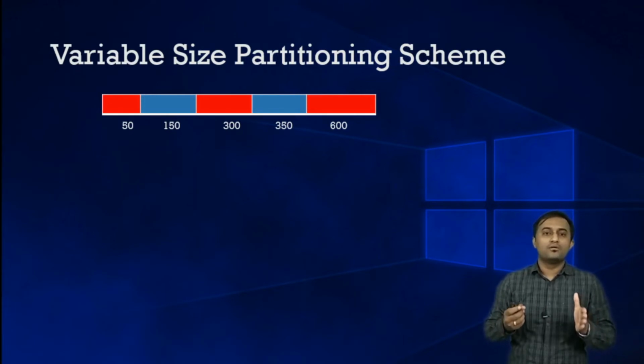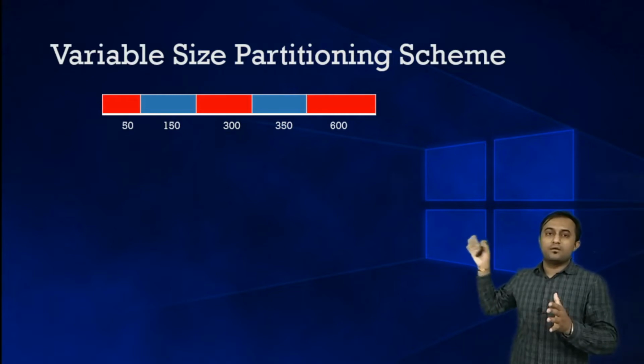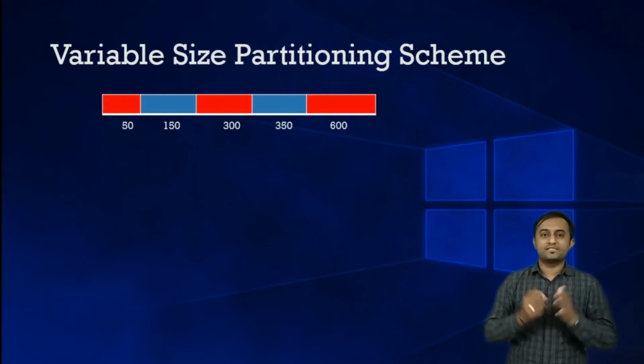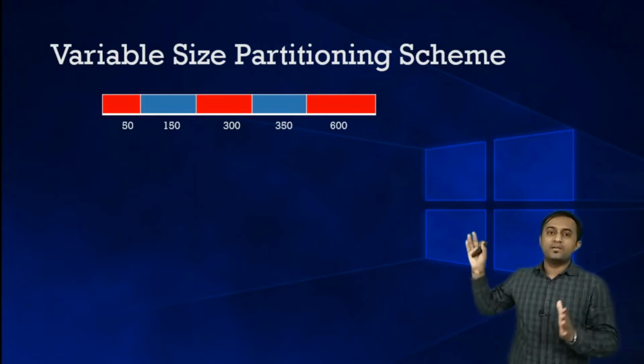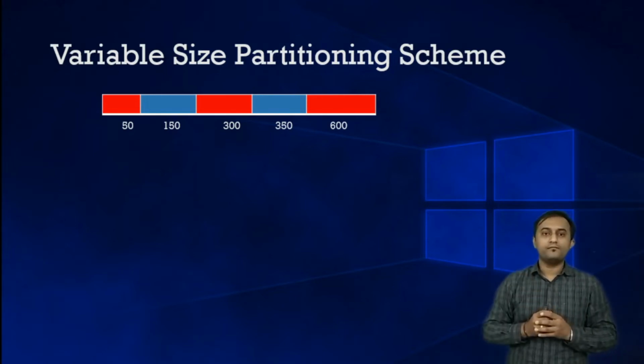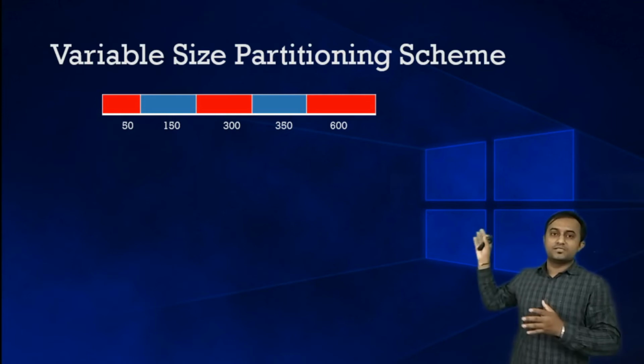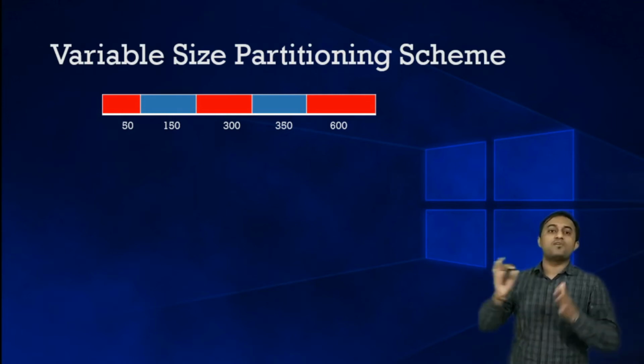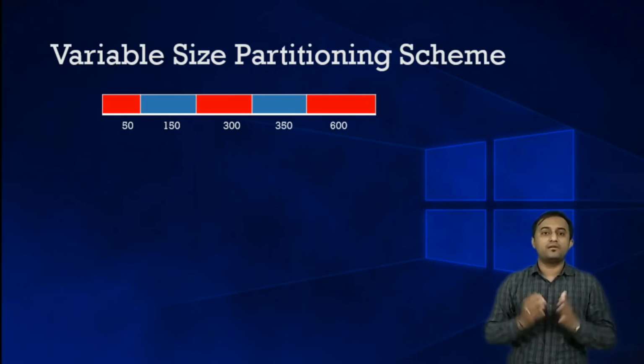So the answer to this question is: yes, you are right. There is no prior partition in variable size partitioning scheme. But this figure, or snapshot, we have taken at a particular moment of time. So this is not the initial scenario of the memory blocks. This is the scenario of a particular time that we have taken.